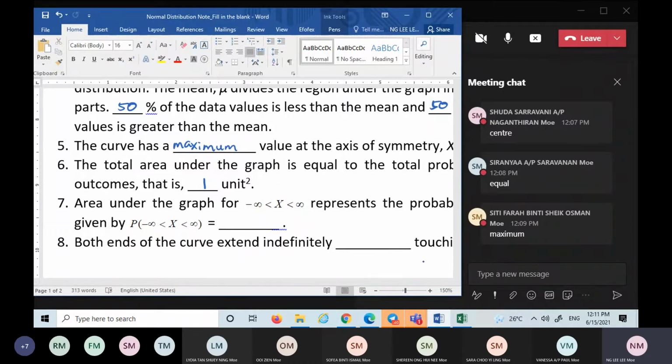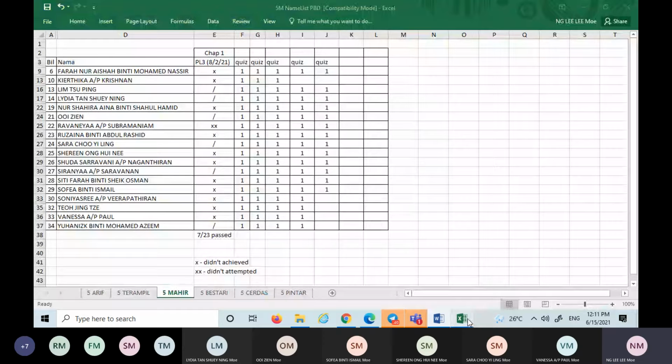You're not sure. Actually this one is at the back, the summary of the notes. Never mind, I will give you another chance to answer another question.